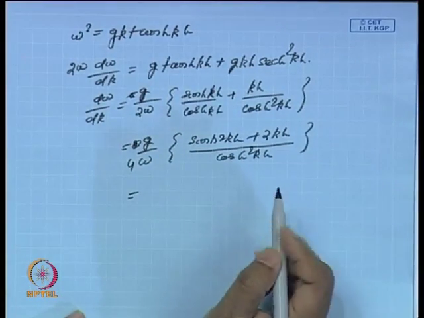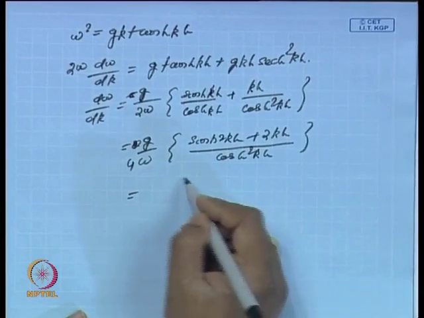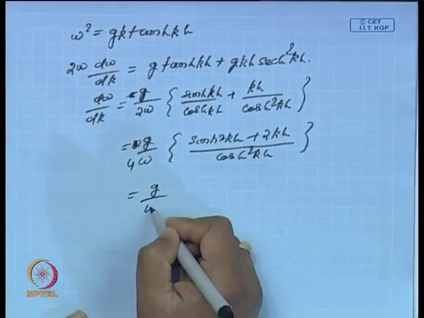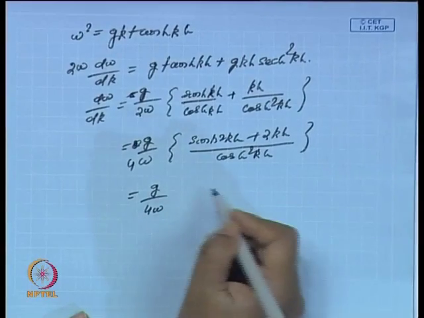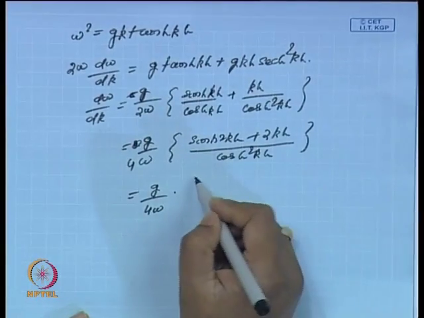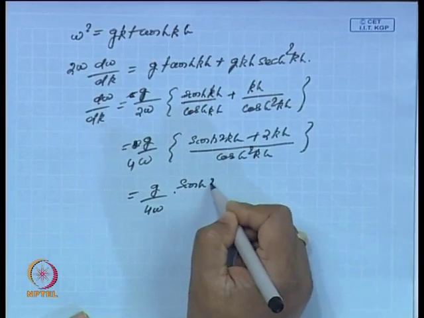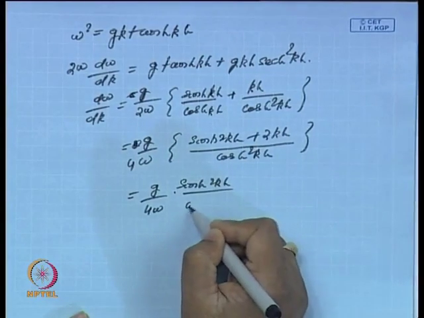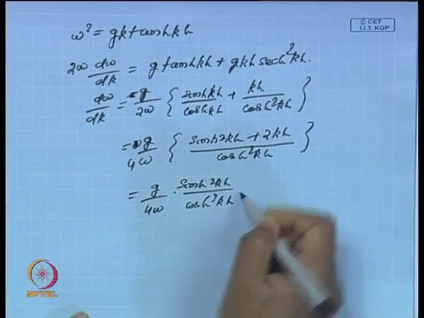And if I take this, I will write it g by 4 omega square, which I call sin hyperbolic 2 kh by cos hyperbolic square kh.